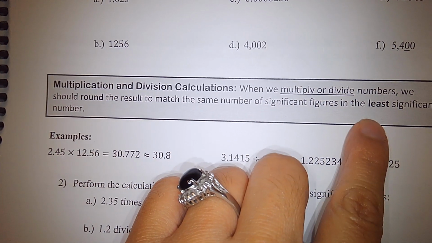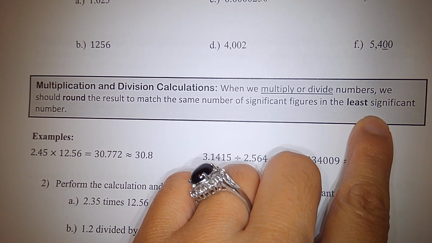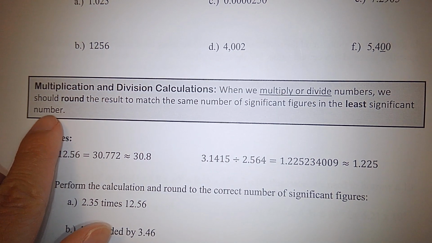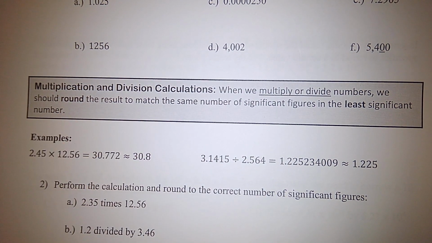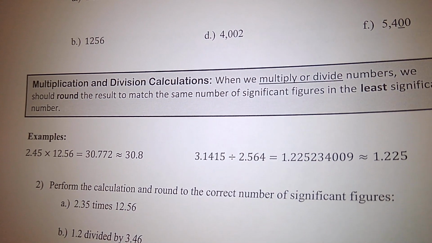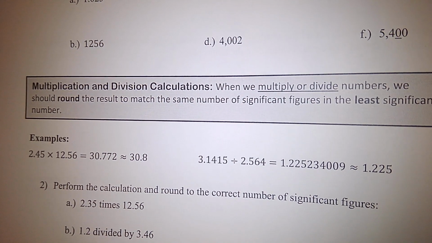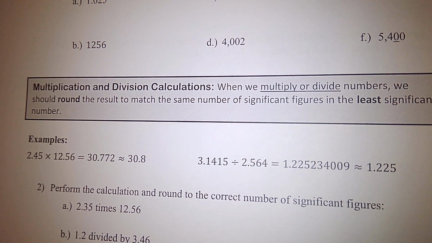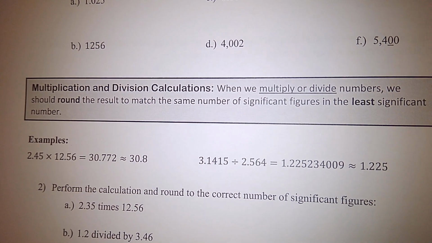We have to keep our final answer in the least significant figures. So this is the rule. If you have time after class, you may want to check page 231, but this page is not mandatory. It's an optional page.